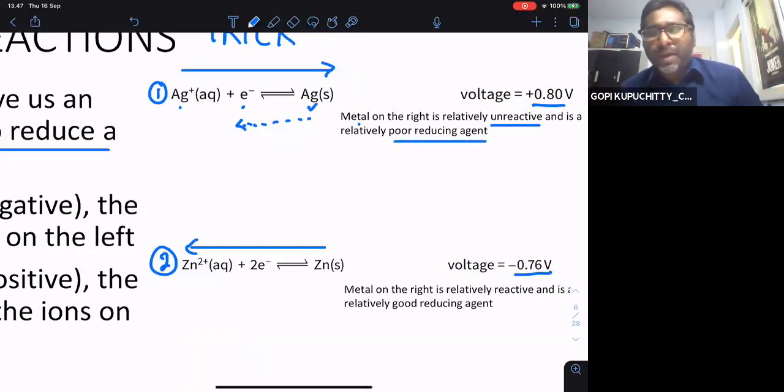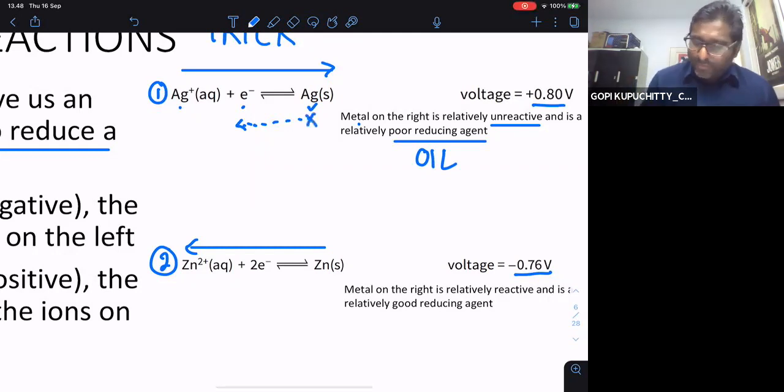What is the meaning of reducing agent? A reducing agent reduces others, but itself undergoes oxidation. What is oxidation? Oil. Oxidation is loss of electron. Now, can silver lose electron easily? The answer is no. So that's why it is a poor reducing agent.